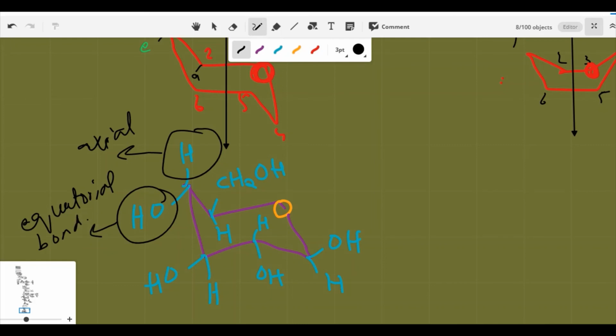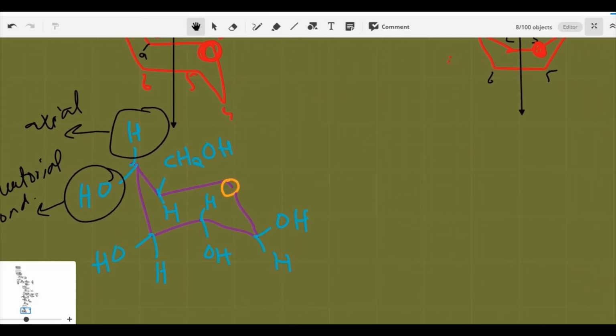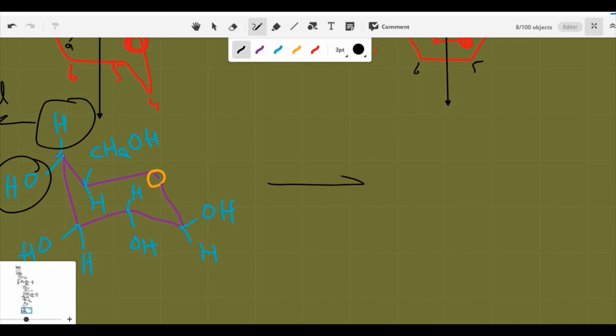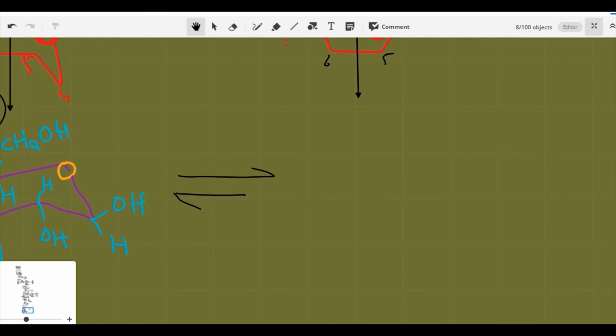Okay, so that will make the two types, the two possible chair conformations. One is known as alpha D glucose and the other one is known as beta D glucose.